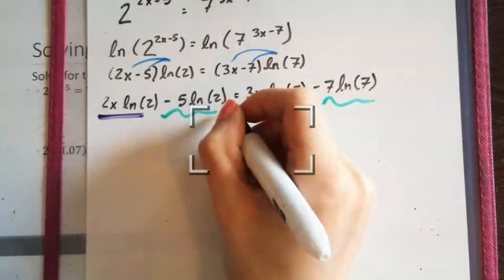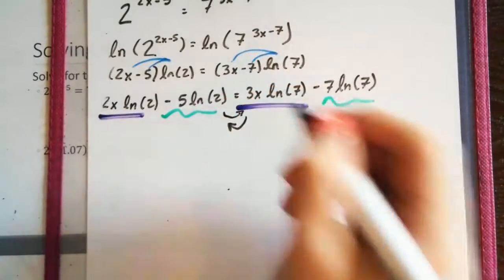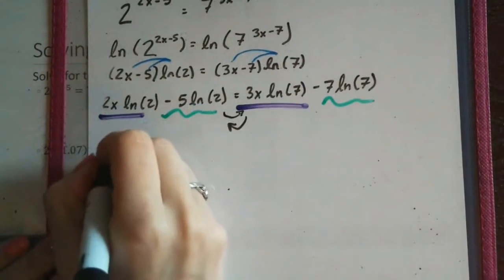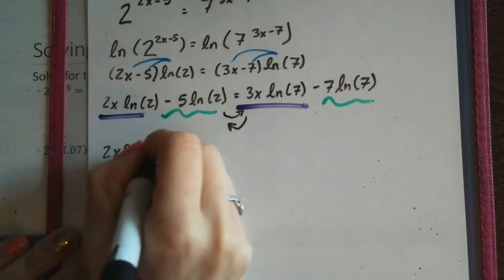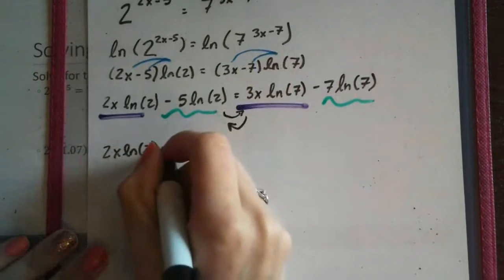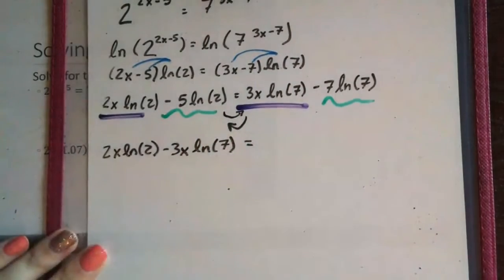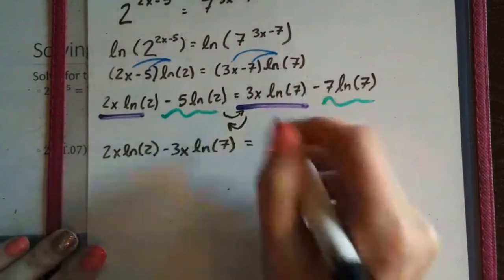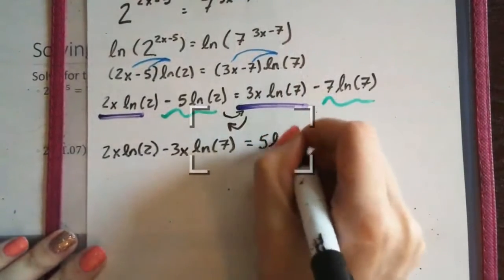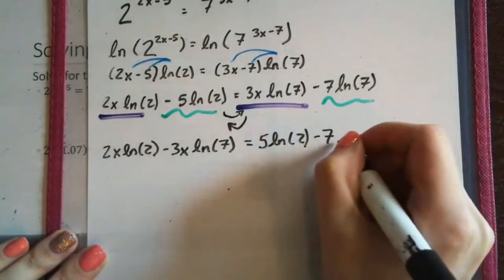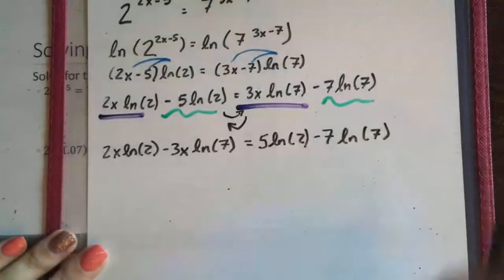And then I will move my negative 5 natural log of 2 to that side by adding it. So that will give me my 2x natural log of 2 because that didn't move. I'm subtracting 3x natural log of 7 from both sides. That'll be equal to, I'm adding this guy over, 5 natural log of 2. And we didn't move this one, so it's just chilling here with the minus 7 natural log of 7.